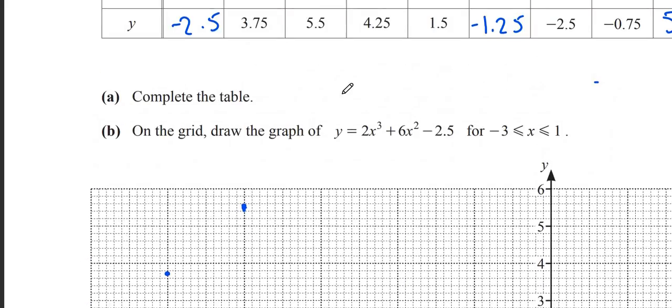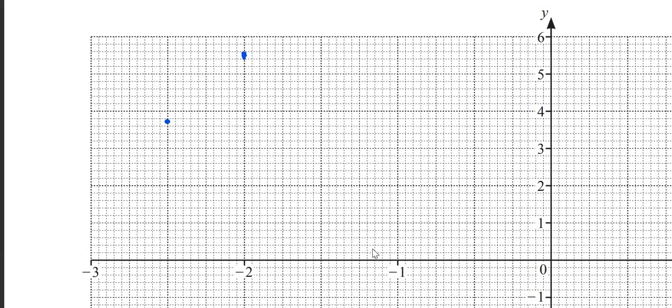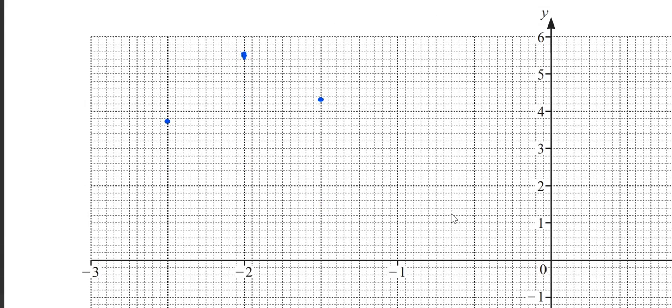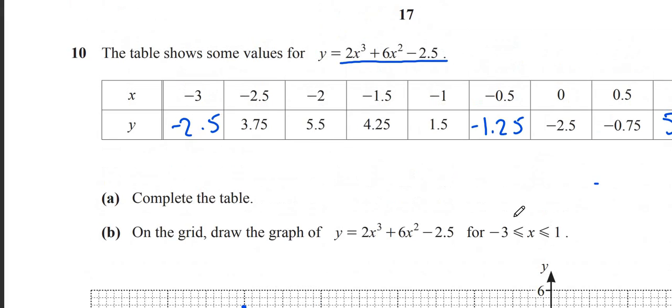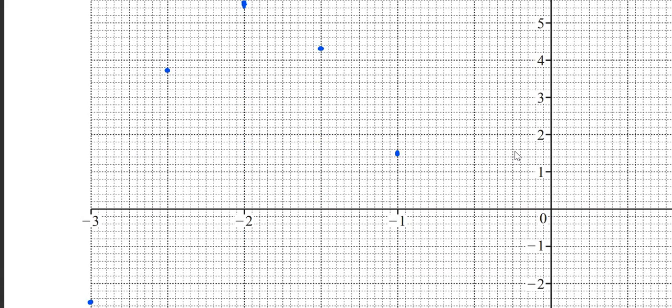Then we have negative 1.5, 4.25. Negative 1.5, 4.25. 4.2, 4.25. Then negative 1, 1.5. 1.2, 1.4, 1.5. Then negative 0.5, negative 1.25. Let me see again, negative 1.25.